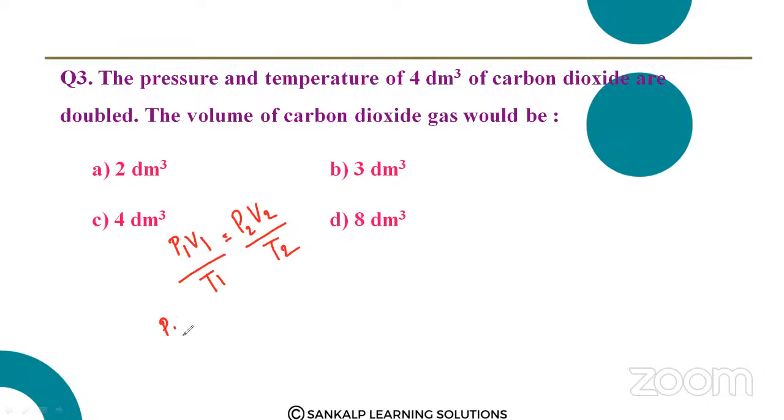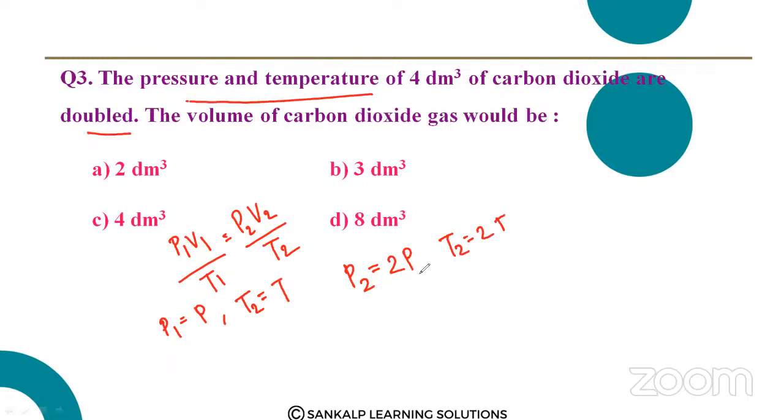So what they have said is the pressure and temperature are doubled. If P1 is equal to P and T1 is equal to T, then P2 will be 2 times P, and T2 will be 2 times T. Why? The pressure and temperature are said to be doubled. Volume is given as 4 dm cube.